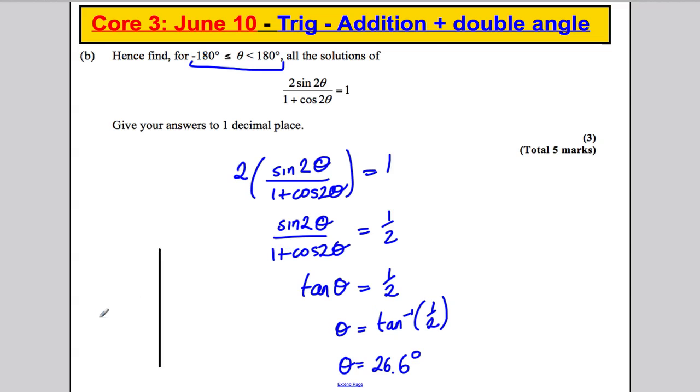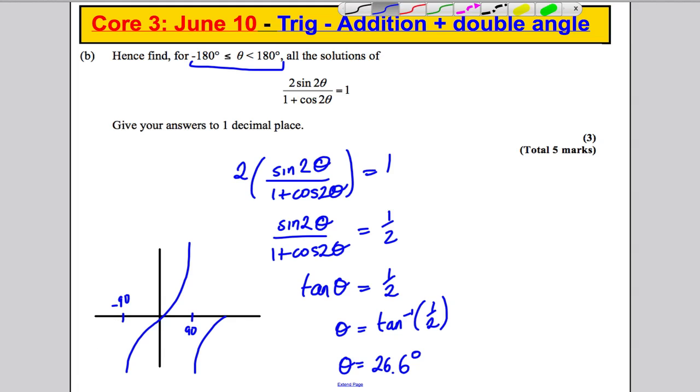Okay, draw out your tan graph to find all your other solutions. You're going between negative 90 to 90, and here's going to be 90 to 180, to negative 180.